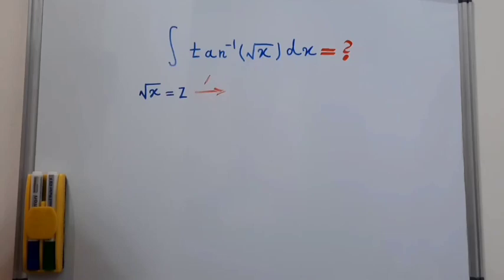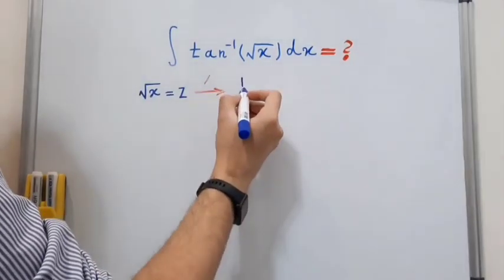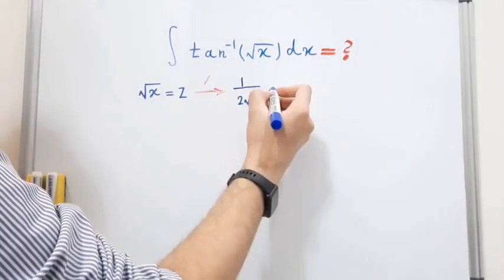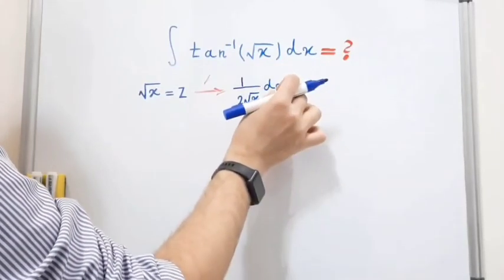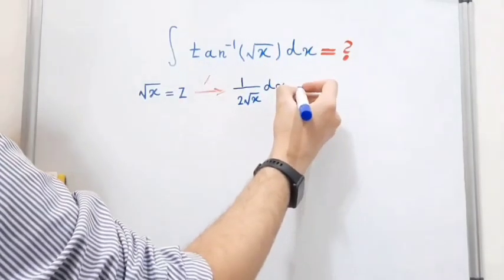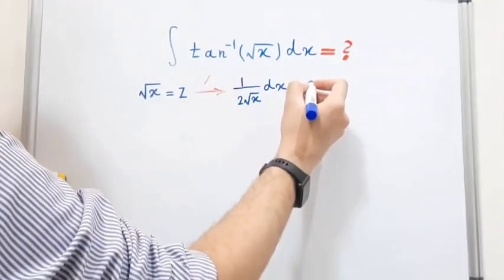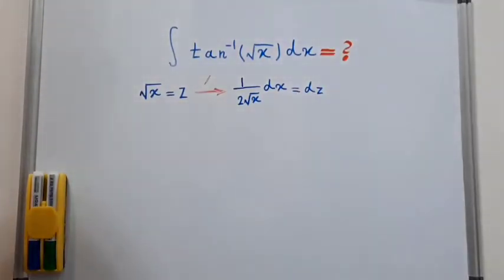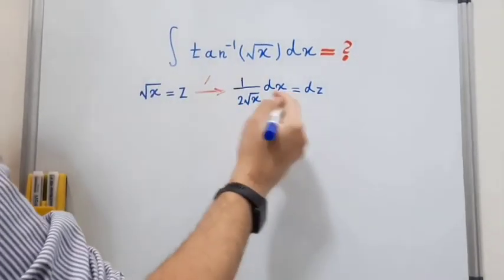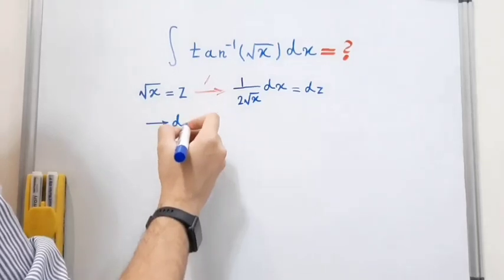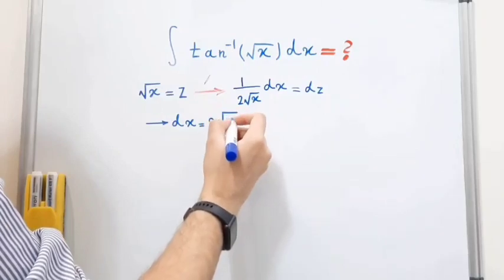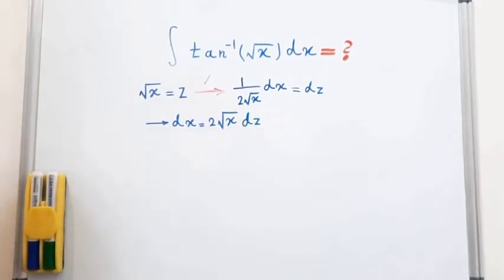The derivative of this is going to be 1 over 2 multiplied by root 2x, dx, which is dz, and I want dx, so dx is going to be 2 root 2x dz.